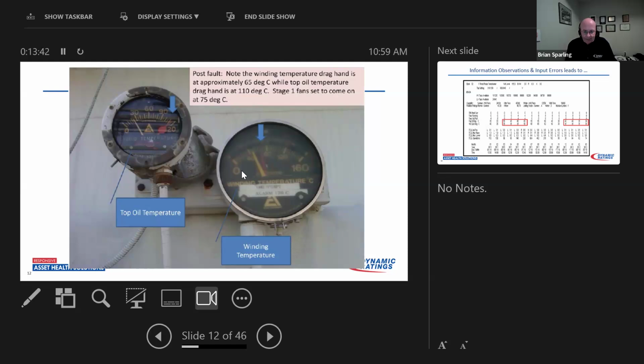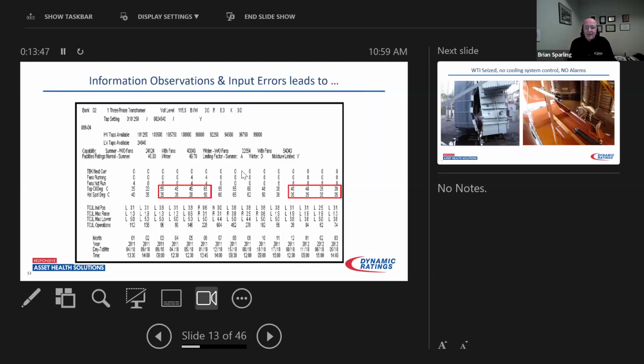It never got there to turn on the fans on this transformer. The result, and also people going around and writing things down in the substation, people go around once a month, write numbers down on their forms, go back to the office, and it's duly entered into a record of some kind. And on that particular transformer, we can see that that problem was there for quite some time.